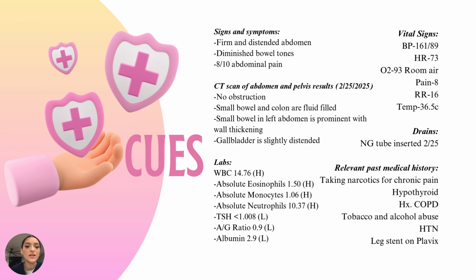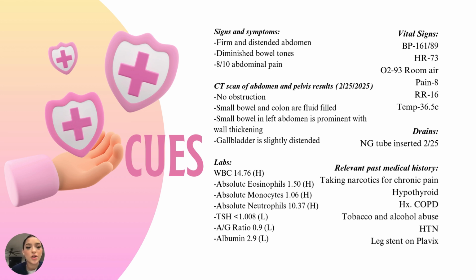So it could indicate that there's an infection, but it also could just be the inflammation and the body's just trying to fight off whatever it thinks the enterocolitis is. His A&G ratio is also low, which can be caused by the inflammation. And because enterocolitis is inflammation of the intestine, it makes sense why his A&G ratio is low.